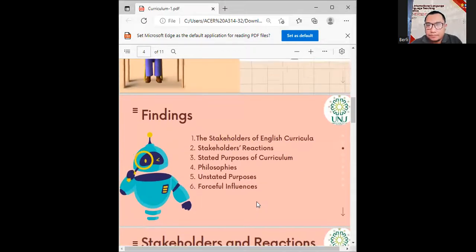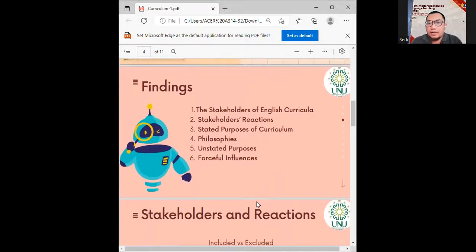There are 6 items that I try to compare. The first one is the stakeholders of the English curricula, the reaction of the stakeholders, and the stated purpose of the curriculum, and then philosophies and stated purposes, and the last one is forceful influences.